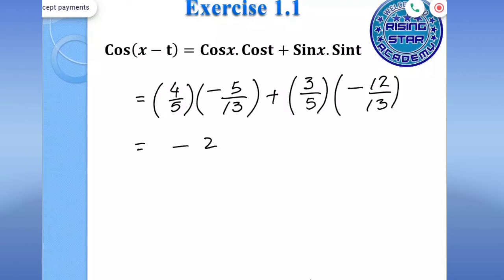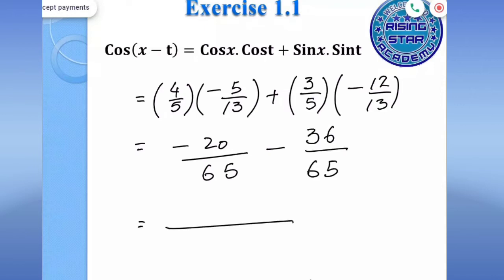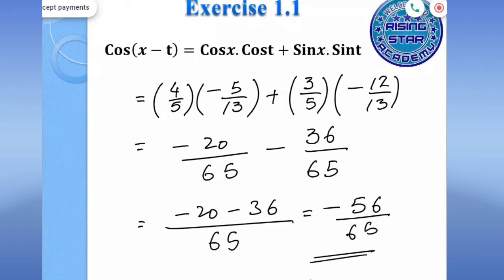Now multiply, that would become minus 20 over 65 minus 36 over 65. So 65 is the LCM, so minus 20 minus 36, that would become minus 56 over 65. This is our final answer.